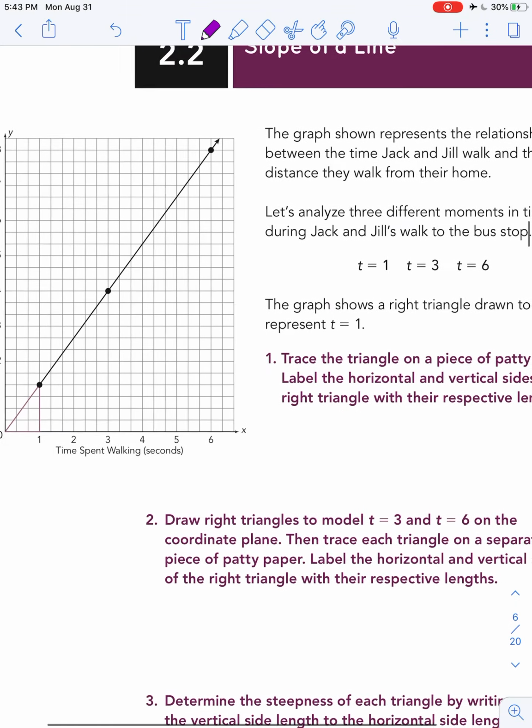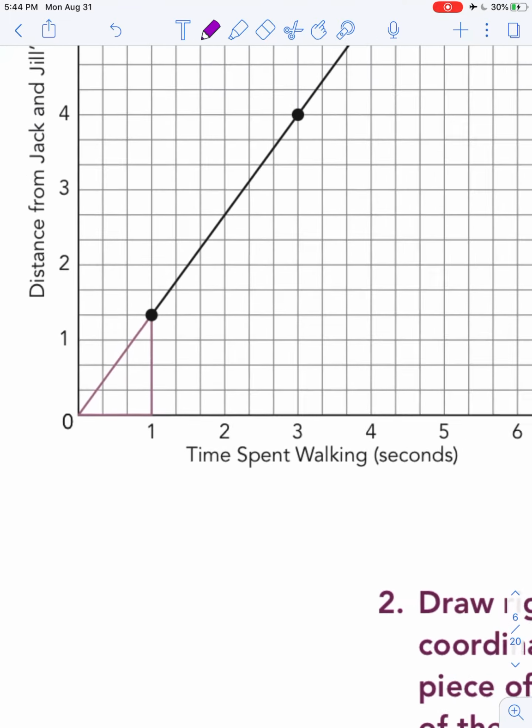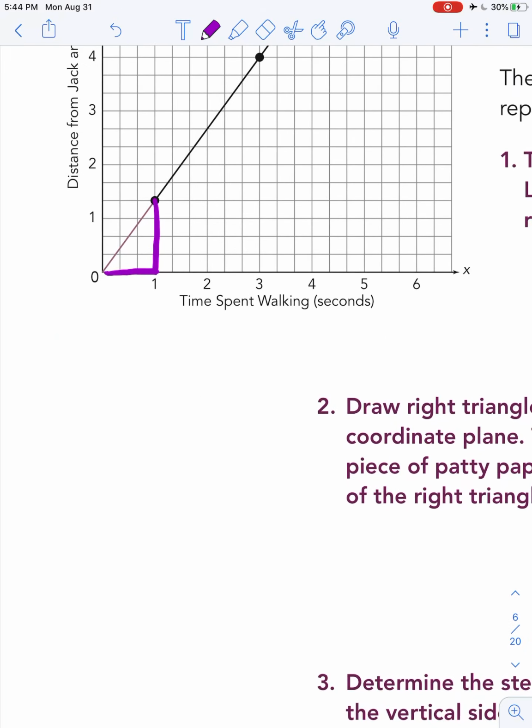Okay, we're going to come here. Slope of the line. Okay? So, we can't really do this whole thing like we like to do when we're in class because we don't have patty paper and all of that. So, we're going to do it just a tad bit differently. It gives you 3 points that are on the line. We're going to look at this first one. Now, we talked about rate of change earlier, and it's the height over the base.